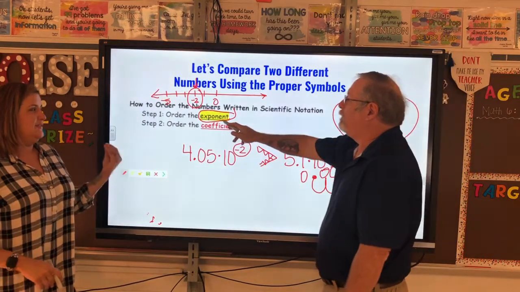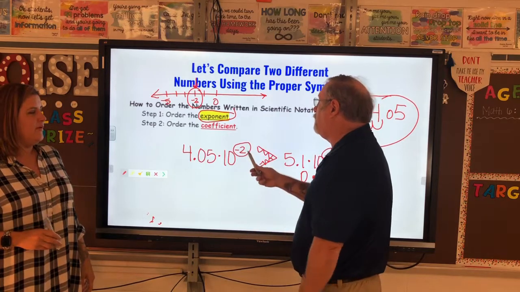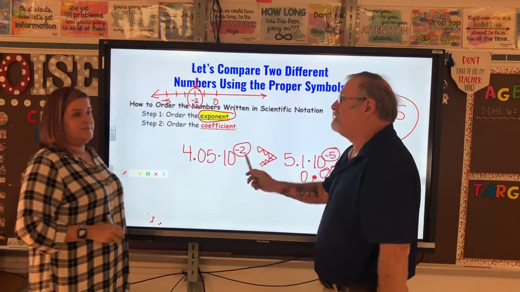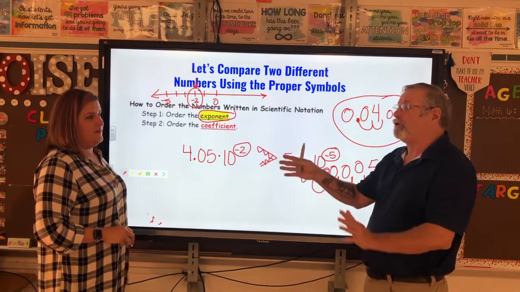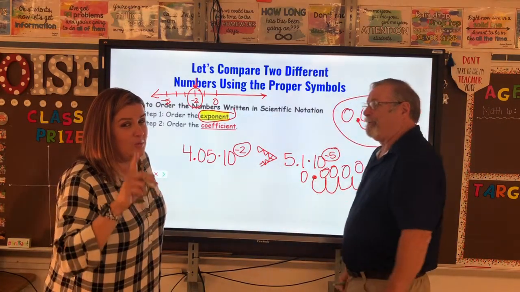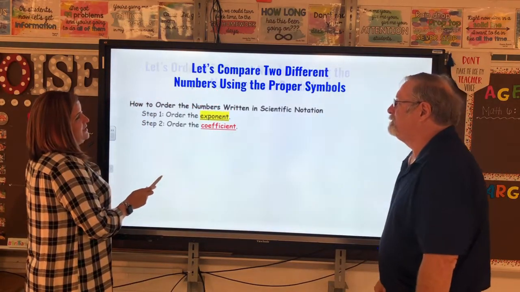And so remember, we can still just look at the exponent as long as we remember that when we talk negatives, the smaller number is actually the larger number, but only on the negative side. Because that's opposite land.